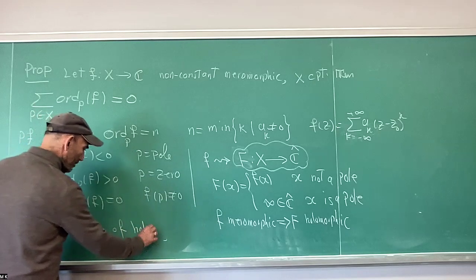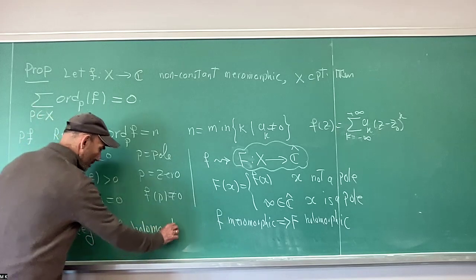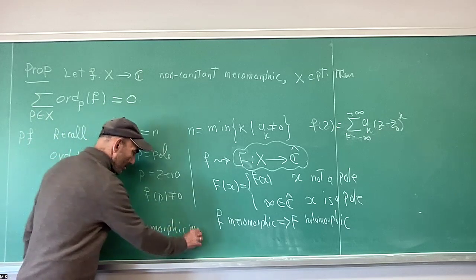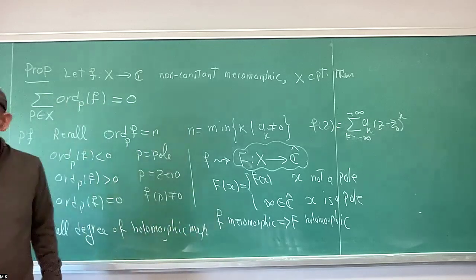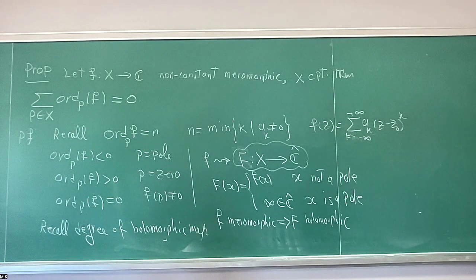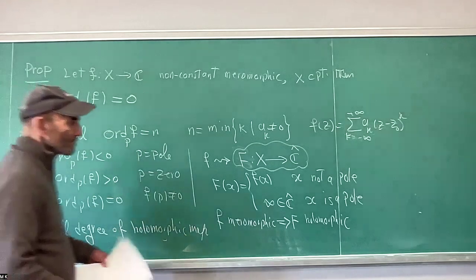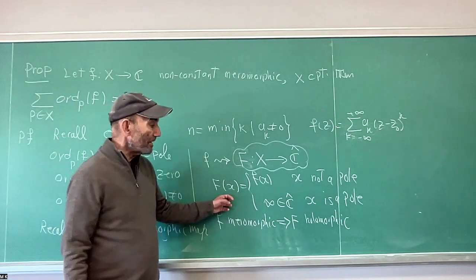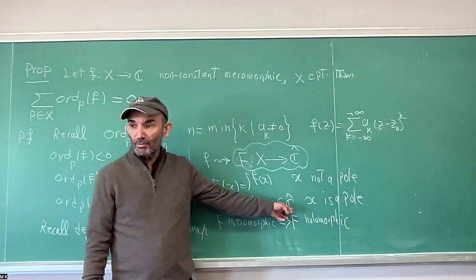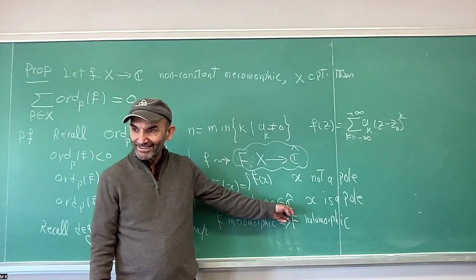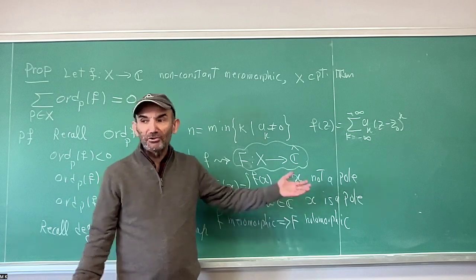Okay, holomorphic. How do you say that capital F is holomorphic? How is capital F holomorphic? Because it goes to infinity. Yes, it goes to infinity, but infinity is just a genuine point of C hat, like any other point.